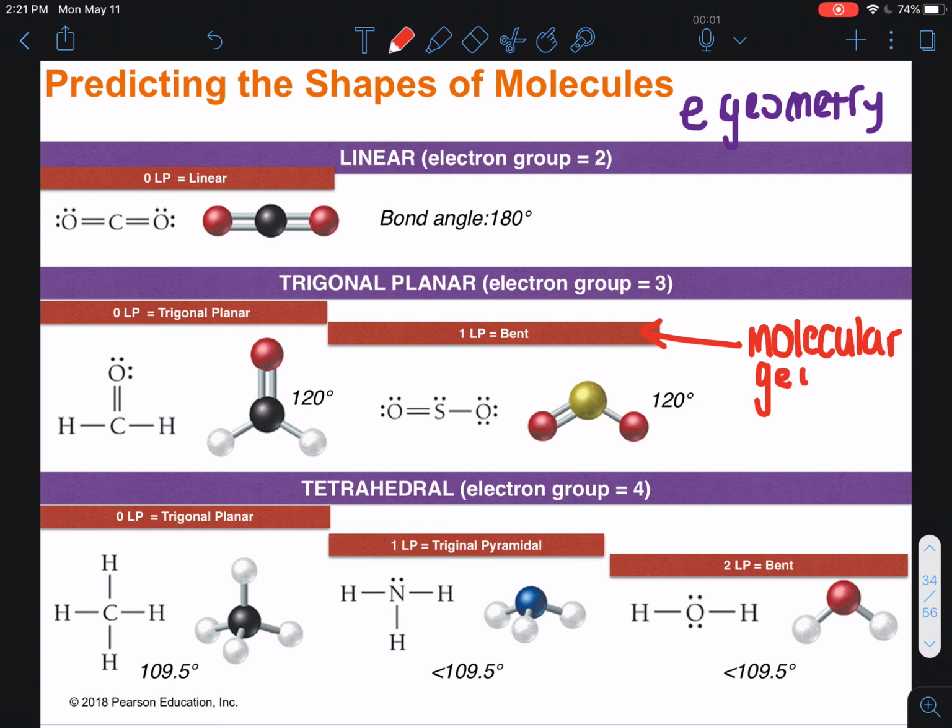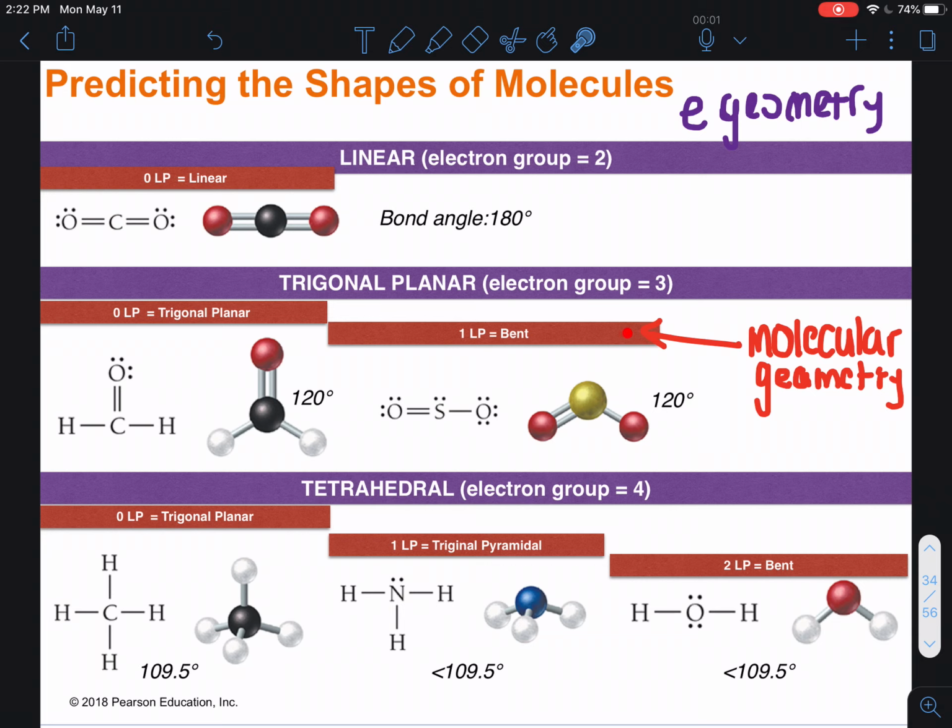If there are no lone pairs around the central atom, the electron geometry and the molecular geometry are the same. So if we have 3 electron groups, that puts us in a trigonal planar electron geometry. If we have no lone pair, then the molecular geometry is trigonal planar.